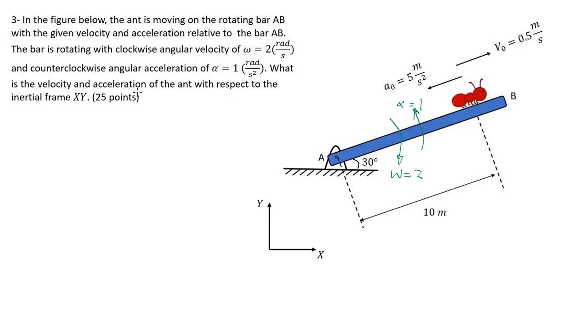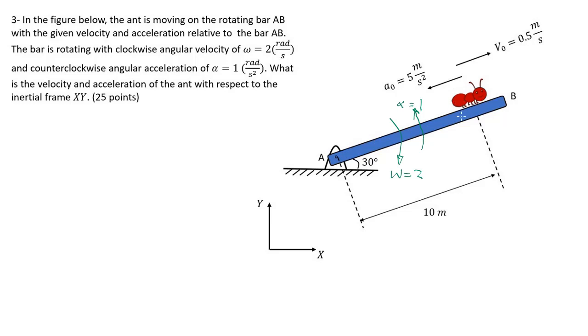What is the velocity and acceleration of the ant with respect to the inertial frame xy? So we have the inertial frame here. We have the relative velocity and acceleration of ant with respect to AB. We have the angular velocity and angular acceleration of the link AB. So we should be able to find the velocity and acceleration of this ant moving on this rigid body.